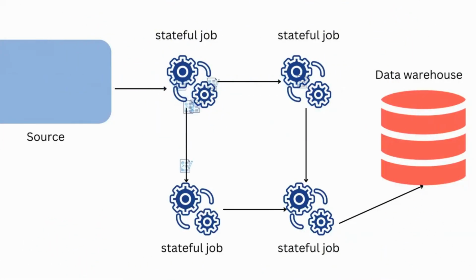I might have a stateful job that is running continuously and continuously reading data from the source. That can be nice in that it's incremental, maintaining its own state and only copying over things that have been updated since the last time that it looked.